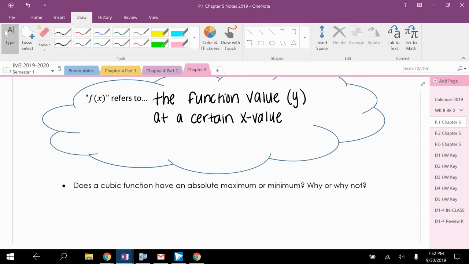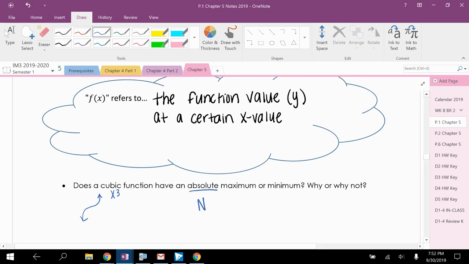So a cubic function, which is what we just did and what we did yesterday, that kind of looks like this. That's what a cubic function is. Again, a cubic function is something like x to the third power. Okay, it will not have an absolute max or min.